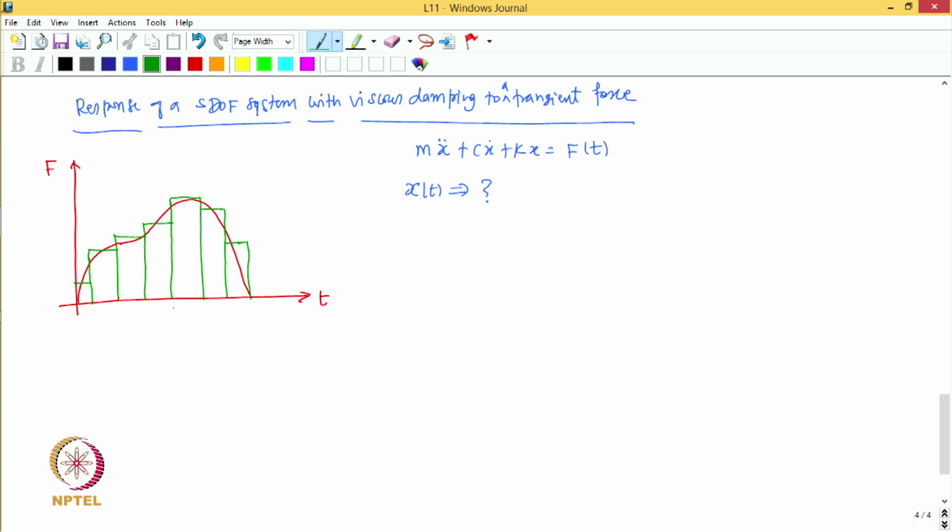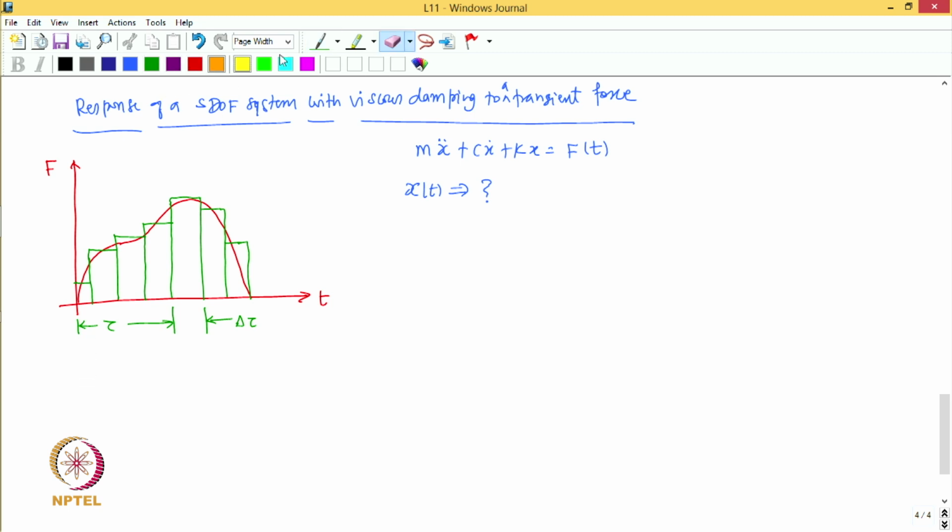Let us now consider the response due to one of such steps. Let us say there is a force step at location tau, and let the width of the force step be delta tau, which is constant for all the force steps. Let us determine the response due to this force step.